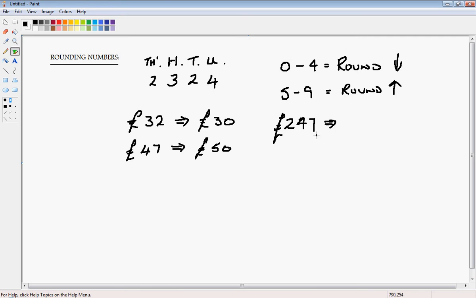So the next number, as we did here, 47, because that's all we're interested in, 47 is closer to 50 than it is to 40. So we would still have our 200, but it will be £250.